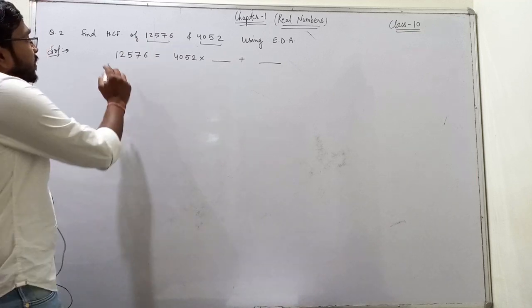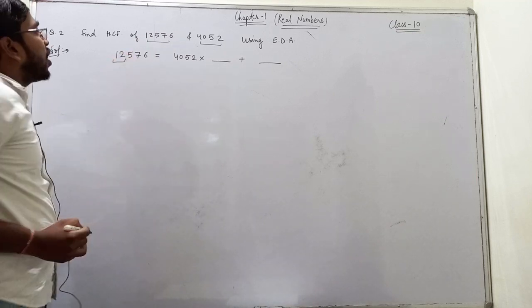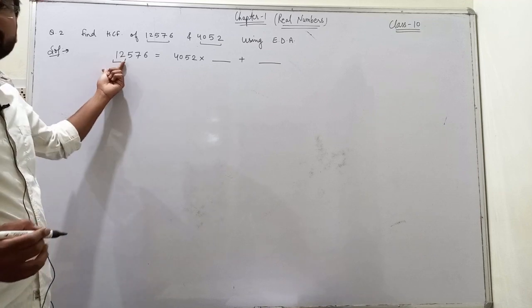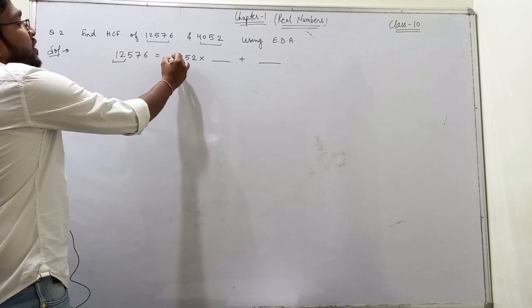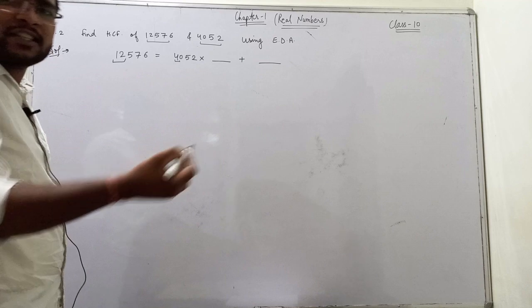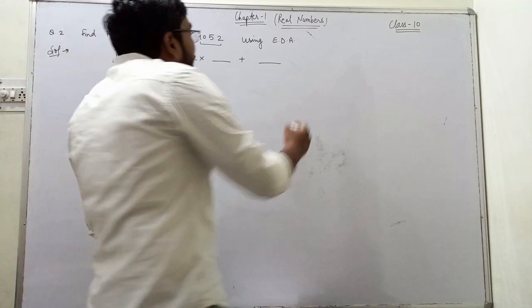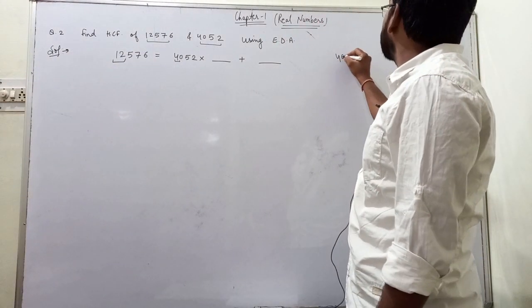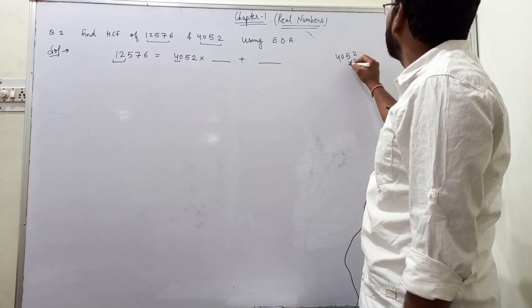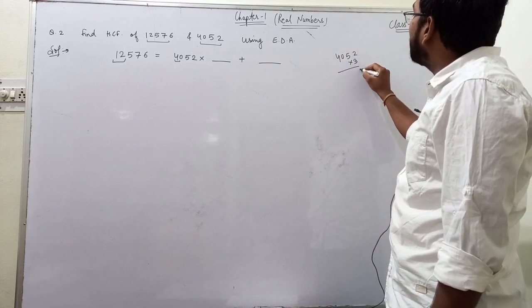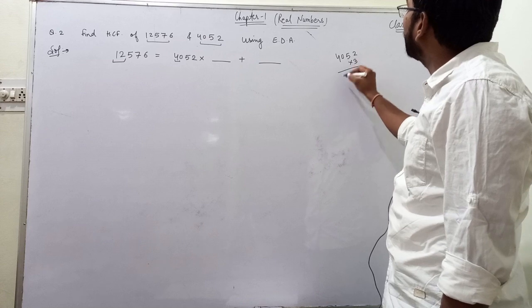So let us find out what will be the value of quotient and what will be the value of remainder. Here I can see that the starting two digits of this number are 12 and the starting digit of this number is 4, and we know 4 3s is 12. So let us try multiplying 4052 by 3. We get 3 2s are 6, 3 5s are 15 and 3 4s are 12.